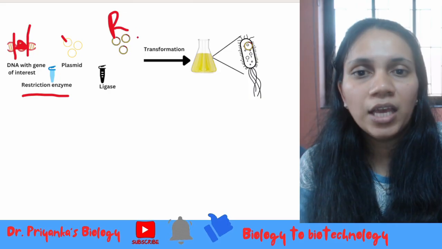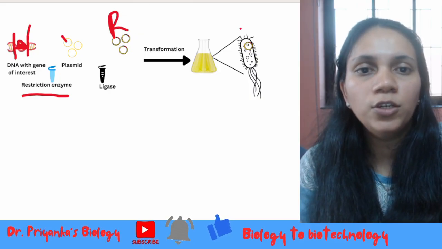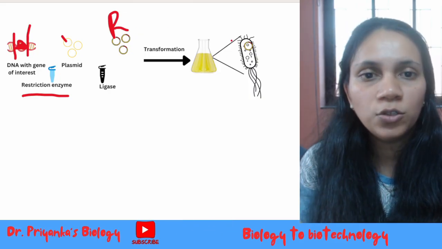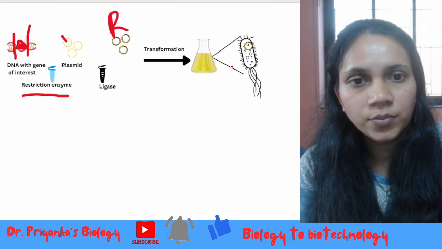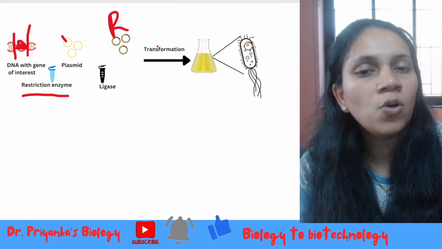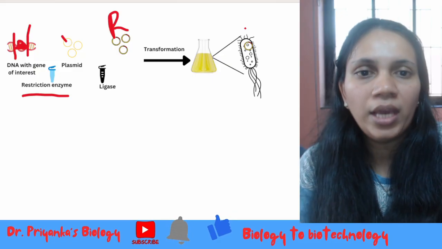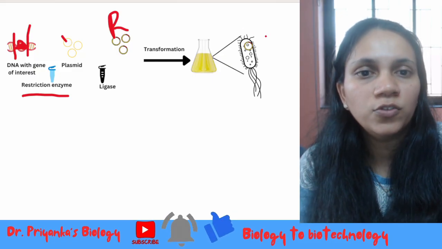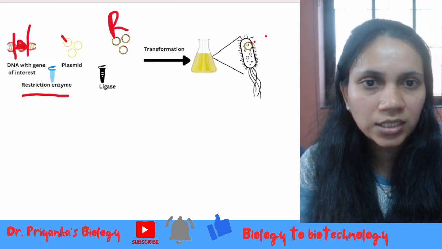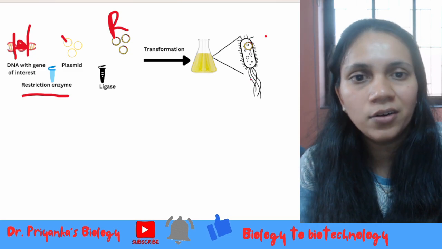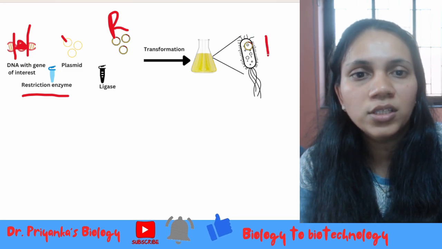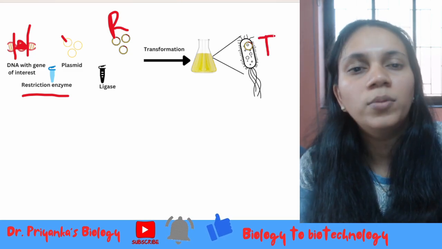They will be forced into a bacterium, and that process is called transformation. Now this cell has undergone transformation, because this yellow plasmid has entered inside it, so we call it a transformed cell.